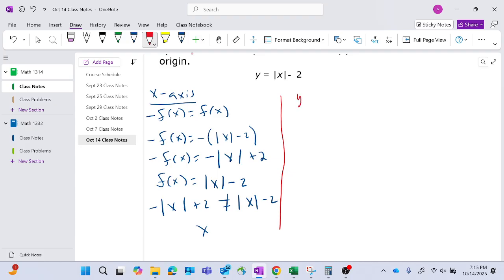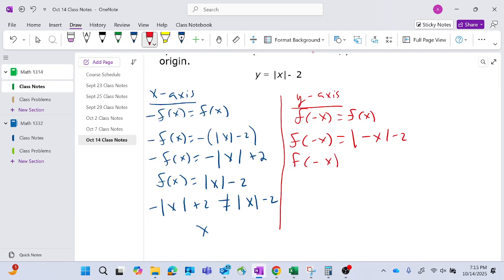Now let's look at the y-axis. All right, for the y-axis, we need f of negative x to equal f of x. So in this case, f of negative x is the absolute value of negative x minus 2. Well, the absolute value of negative x is just x.